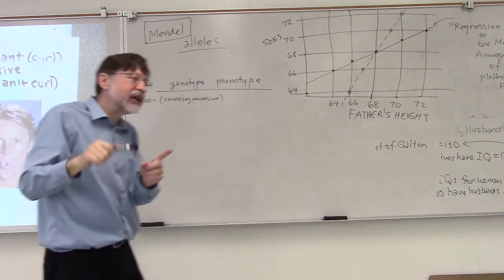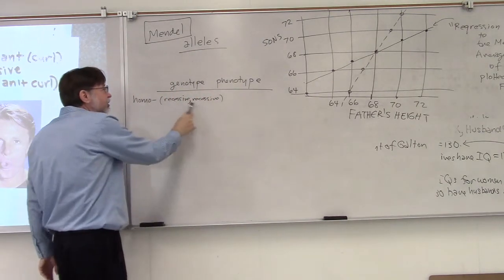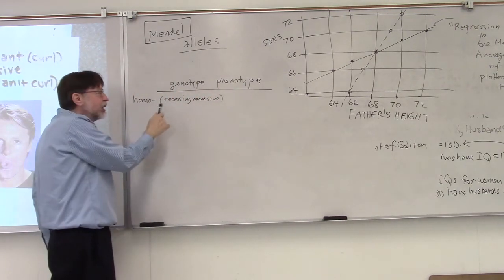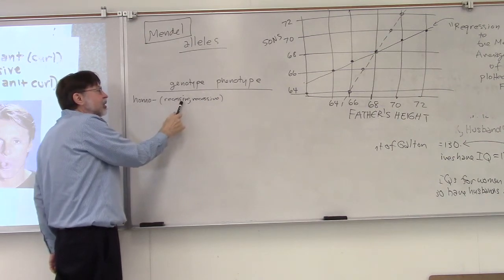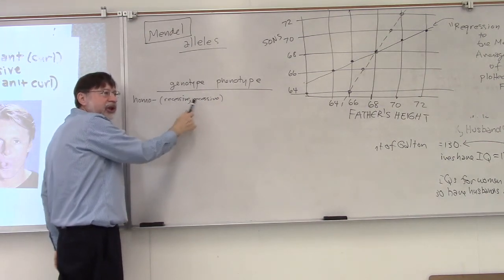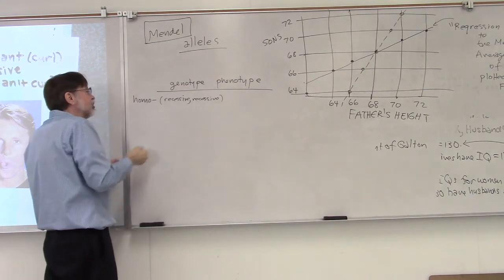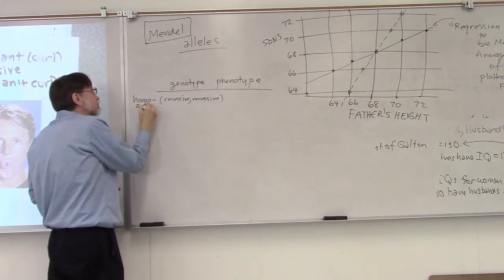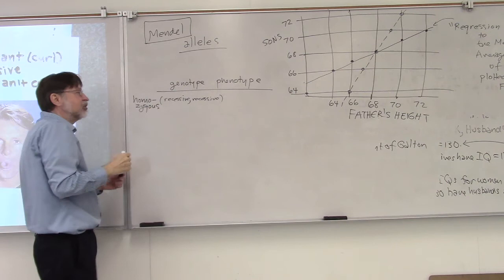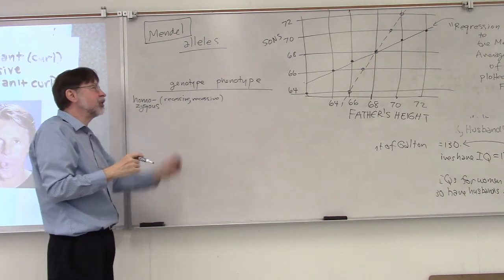So homozygous means the eggs, zygote meaning egg, are the same, or the genes in this case are the same. So homozygous recessive means 2 genes that are both recessive.